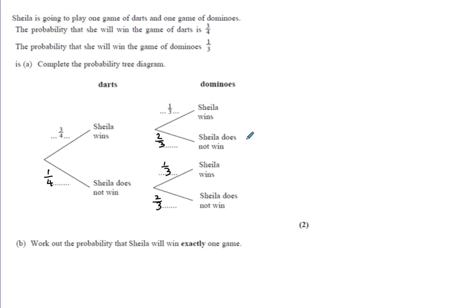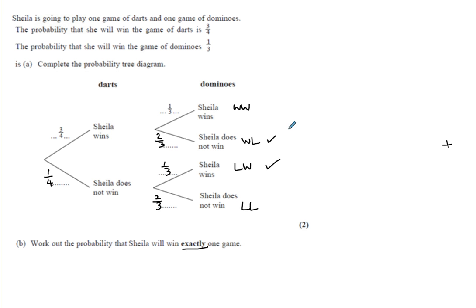Probability she'll win exactly 1 game. Okay, so you can tell here it's win-win, here it's win-lose, here it's lose-win, and here it's lose-lose. So if you want the probability that she'll win exactly 1 game, it'll either be that one or that one. And the fact that we've said "or", we're then going to add them.